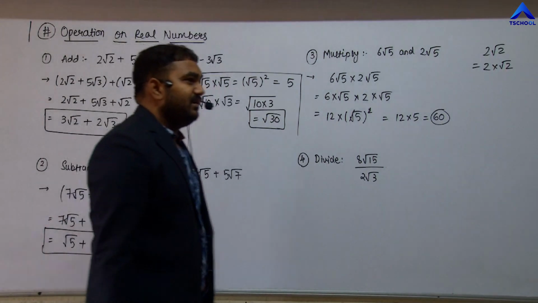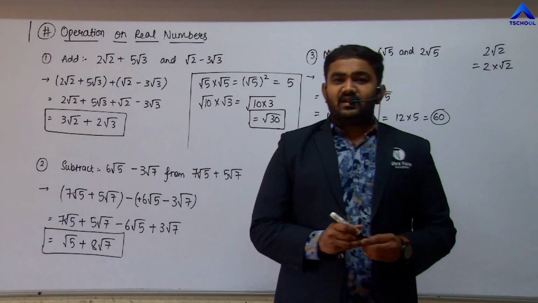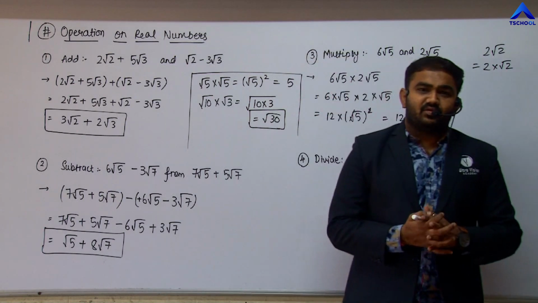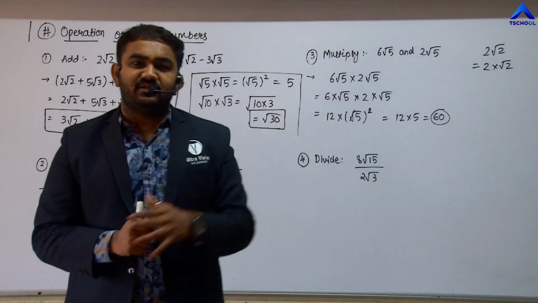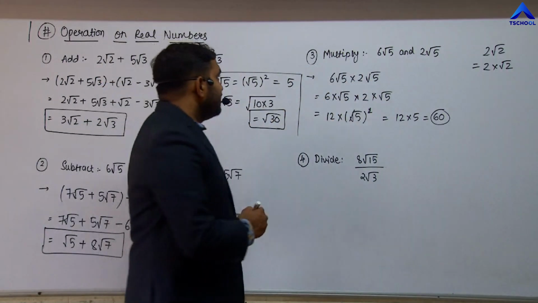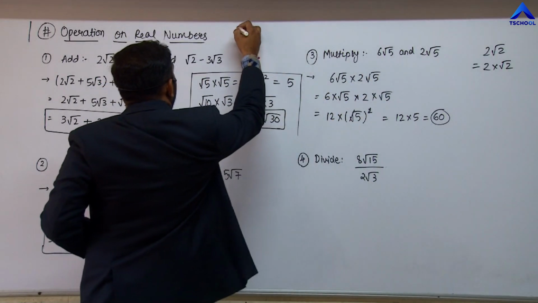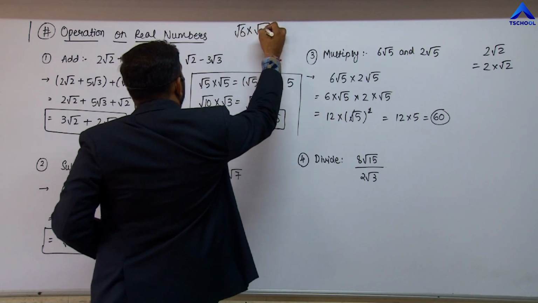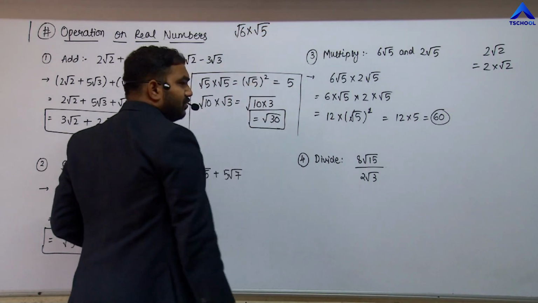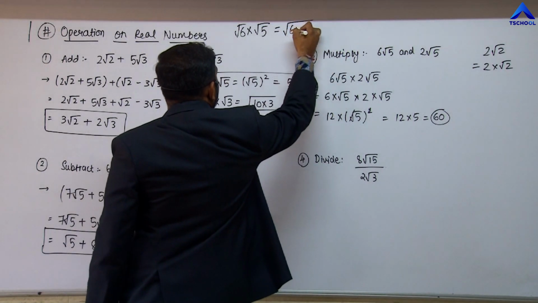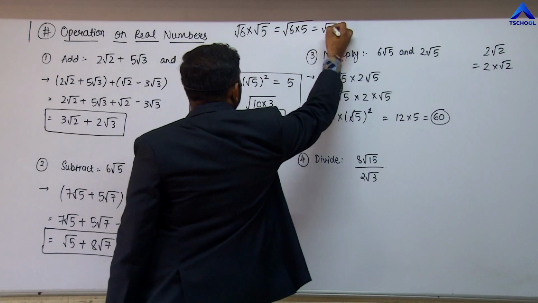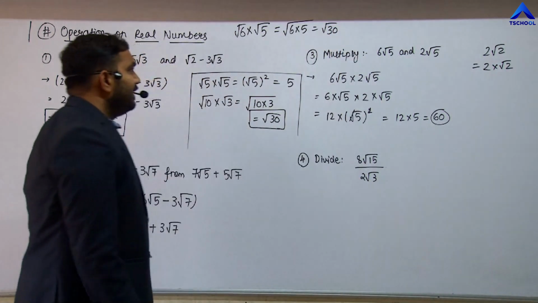Whenever you are having two different irrational numbers with square roots, you can simply multiply them and make the common square root. Suppose if I am having, for example, root 6 into root 5, again you can also make it like square root of 6 into 5, which is again square root of 30, right?